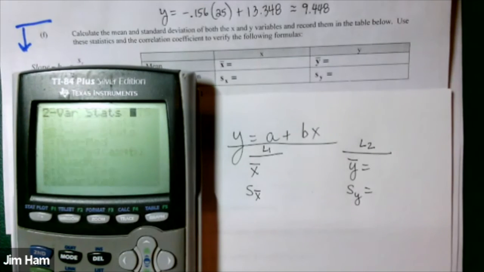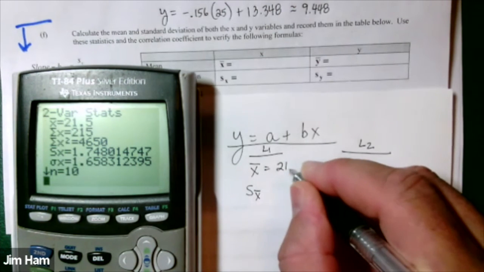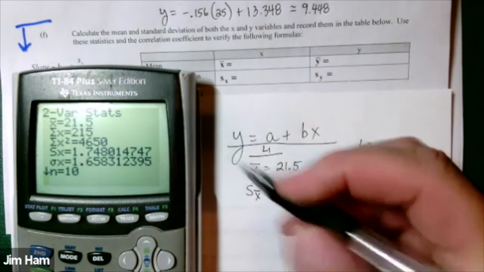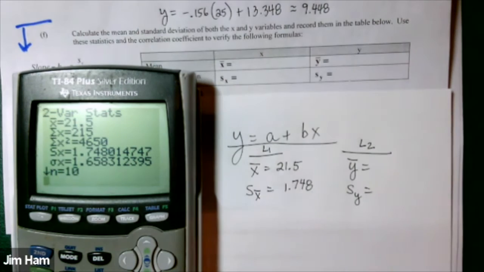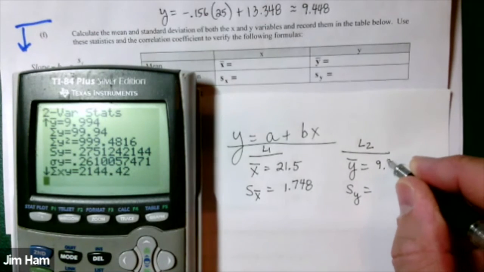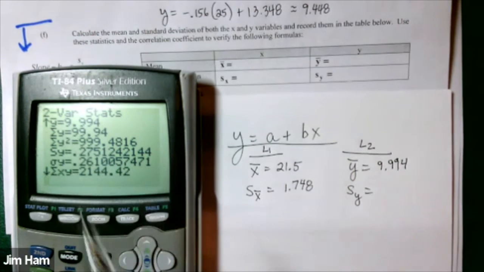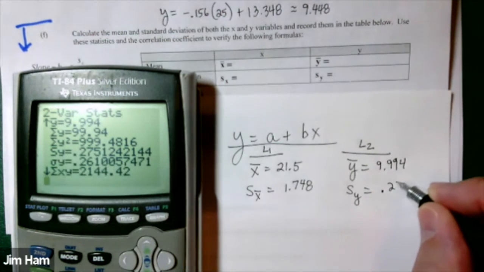I'll enter it, and your x list is L1 and your y list is L2. Then hit enter, and it gives you the mean of the x's, 21.5, and the standard deviation of the x's, rounded to 3 decimal places. As you scroll down, it gives you the mean and the standard deviation of the y's. The mean of the y's is 9.994, and the standard deviation of the y's is 0.27.